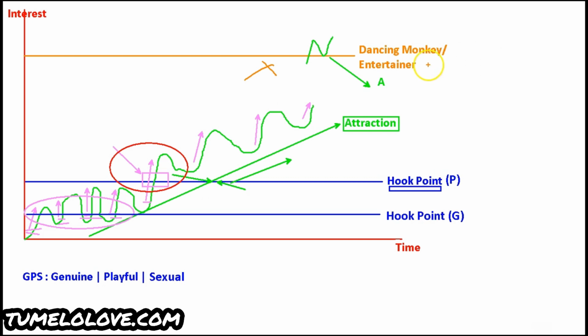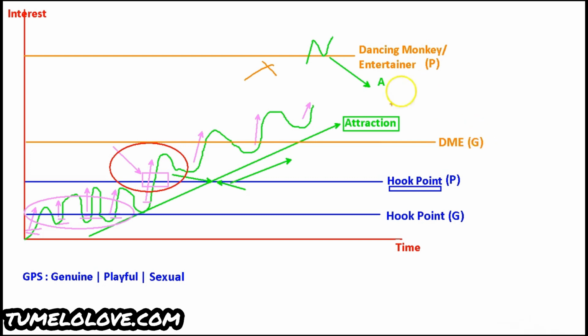Let me just write here: dancing monkey entertainer, playful, P for playful. Which means that now her dancing monkey entertainer level could be somewhere lower, because it's now a lower state, a lower vibe. So, dancing monkey entertainer, genuine.